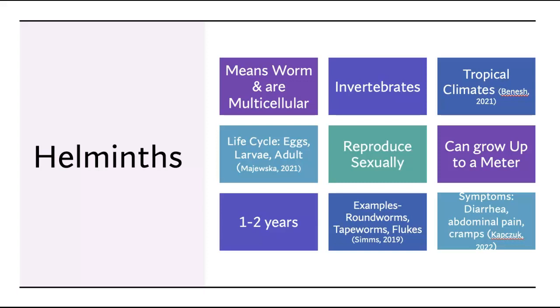The life cycle of helminths is a little bit different. They have 3 main phases. They start off as eggs, then they mature into larvae, and then the larvae hatch, and you have an adult helminth.